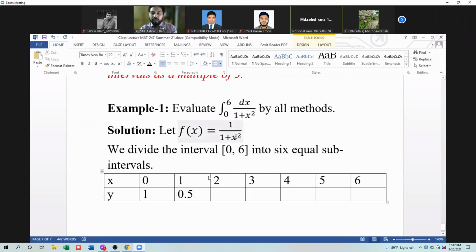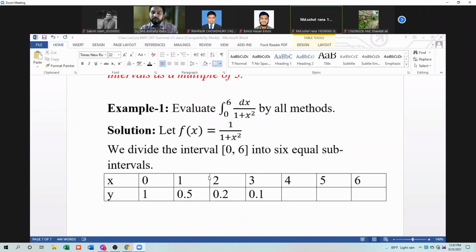And if you put 2 in here, 2 square means 4. 1 plus 4 is 5, 1 by 5. 1 by 5 is what? 1 by 5 is 0.2. You have to use a calculator, okay? You cannot actually do it by yourself. For 3, that will be 0.1. I'm using a calculator.